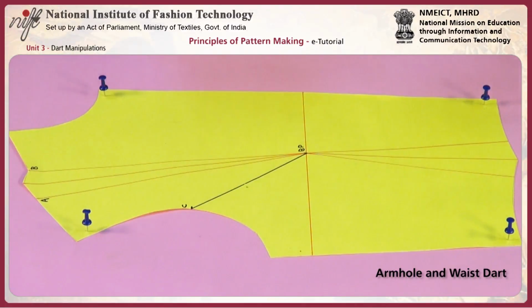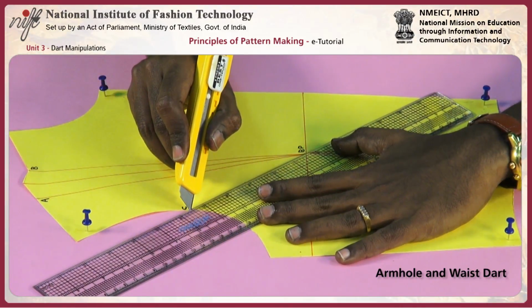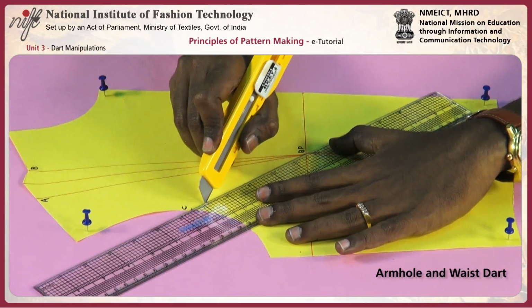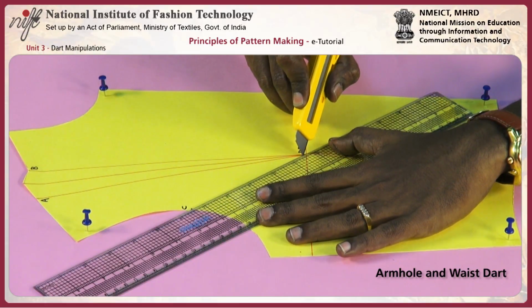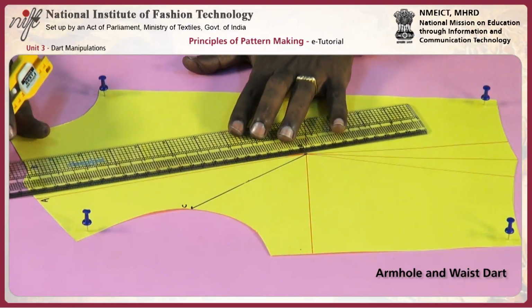Draw a line. Slash the line. Slash A to bust point.